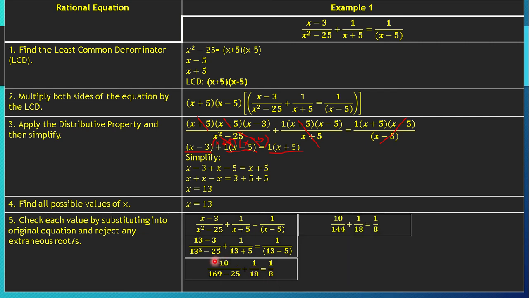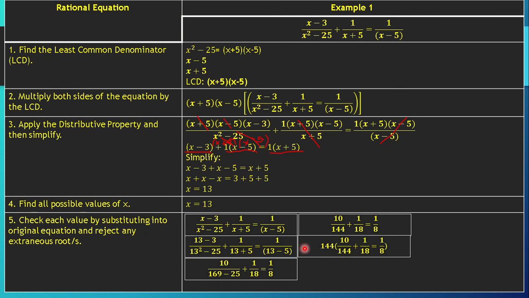Next. 10 over 169 minus 25 is 144 plus 1 over 18 is equal to 1 over 8. Okay. So, ngayon, kinuha natin yung LCD ng tatlong to, 144, 18 at 8. So, ang LCD nila ay 144 at imumultiply natin yan sa bawat fraction na nandito.